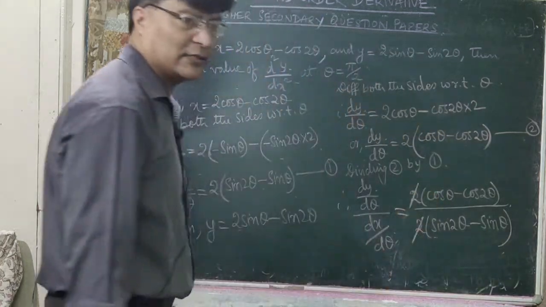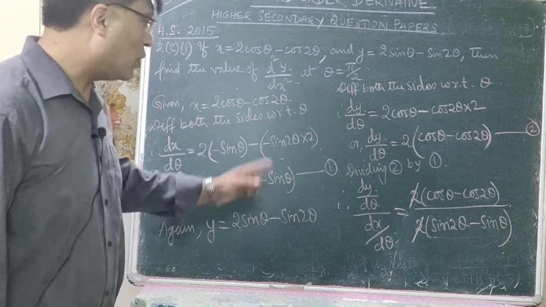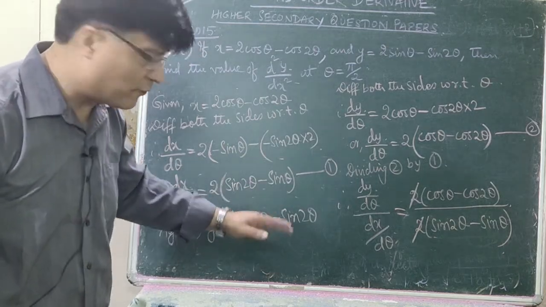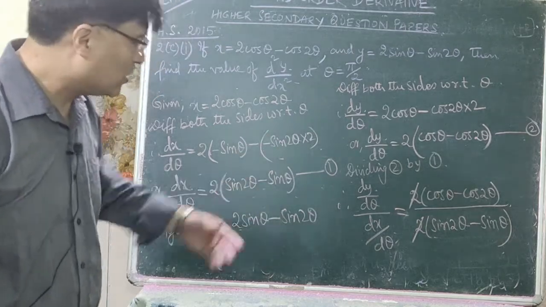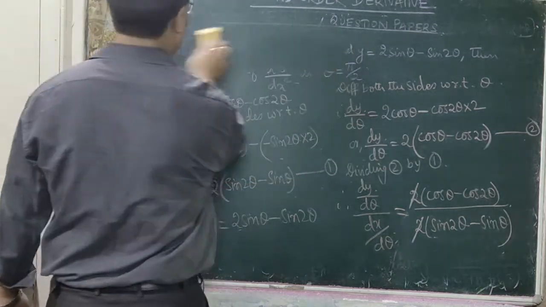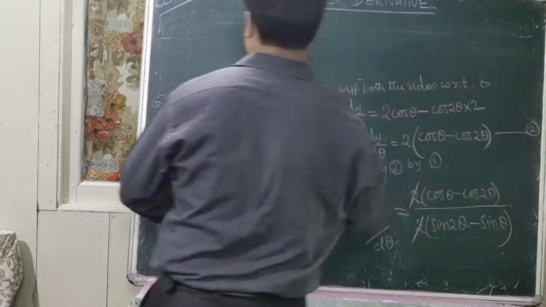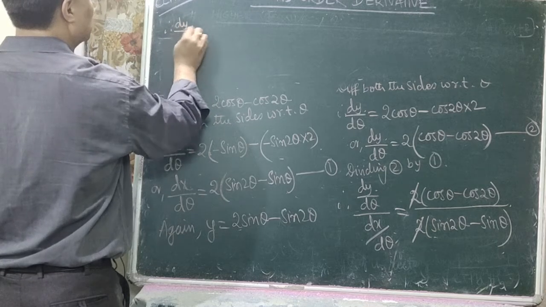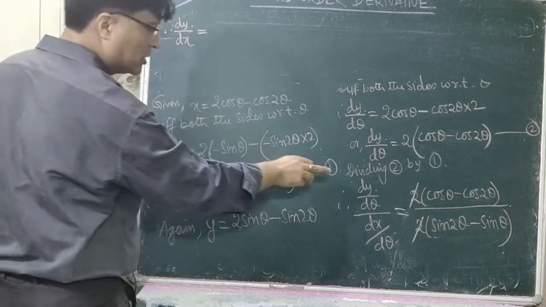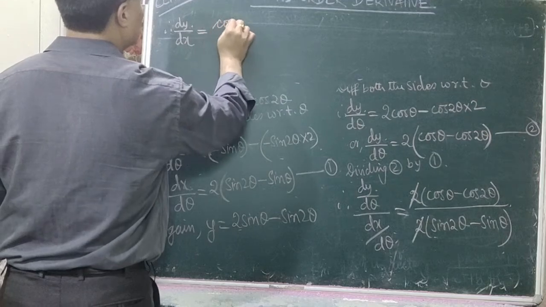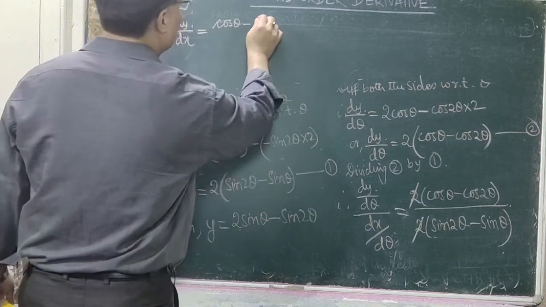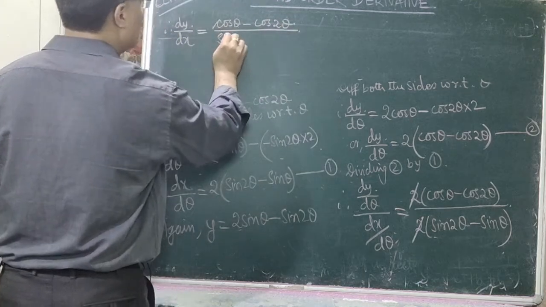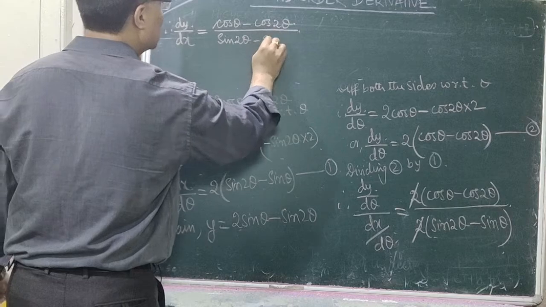Here 2 gets cancelled. Also you can cancel d theta from both the numerator and the denominator, so you will get dy by dx only. So dy by dx is equal to cos theta minus cos 2 theta divided by sin 2 theta minus sin theta.